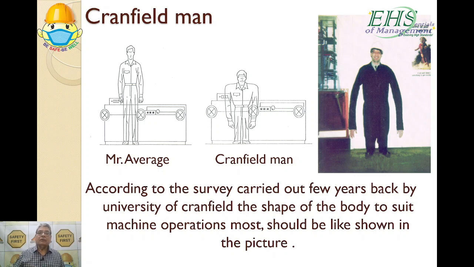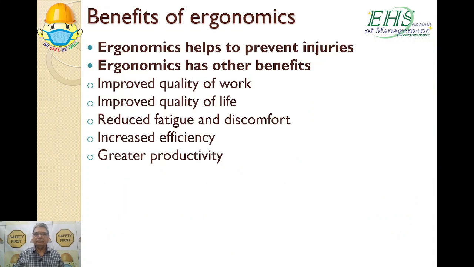Now a lot of changes have taken place in machine designs and tool designs. They are very well designed according to the human body and its capabilities and limitations. So this is a Cranfield concept which is very popular in ergonomics.